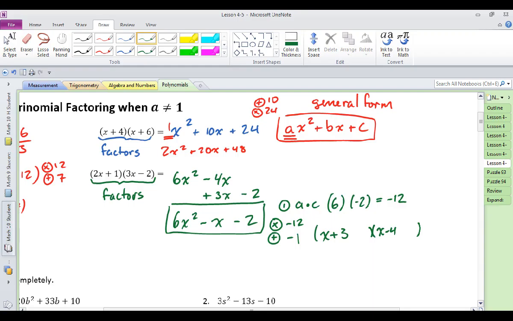No. Now we have to divide. What number do you think we must divide by? 6. Why 6? Because we multiplied by 6 to get the 12. So don't go ahead yet. We multiplied by 6 to get the 12, right? So now we've got to divide by 6 because we haven't done any factoring yet, correct?